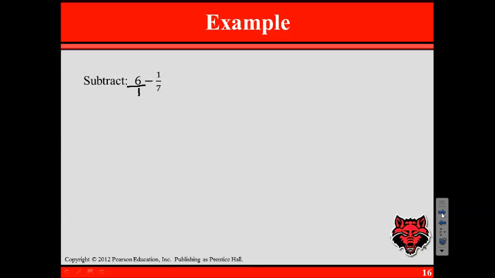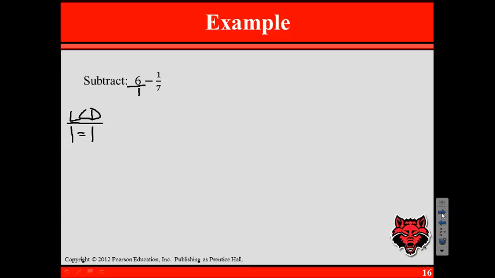We have two fractions that are being subtracted. We go through the same process we would before. We see that they do not have common denominators. So we need to start by finding the least common denominator, the LCD. So we make a factor tree to find the prime factorization of 1, and we find that 1 is its own prime factorization. 1 isn't really a prime number, but 1 always just equals 1.